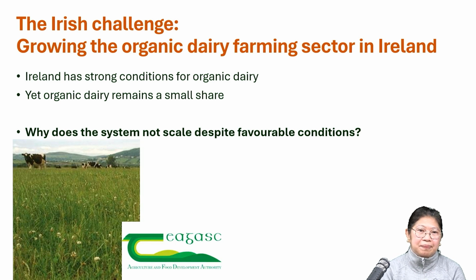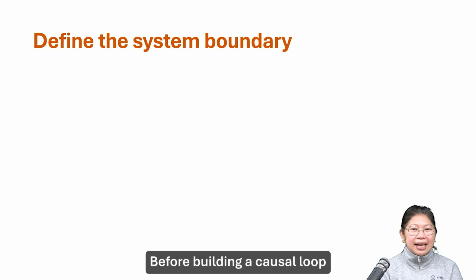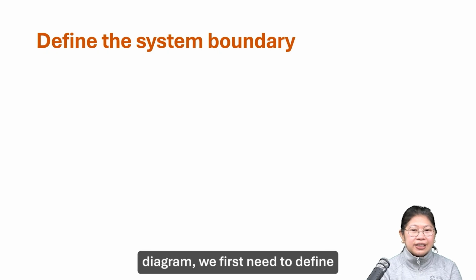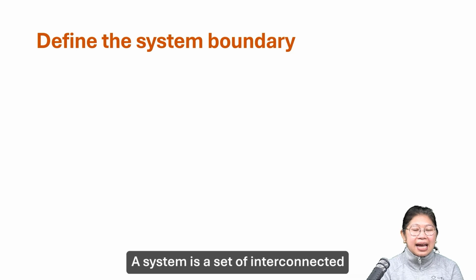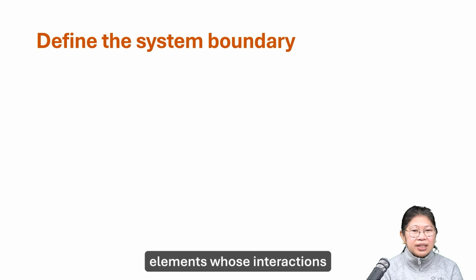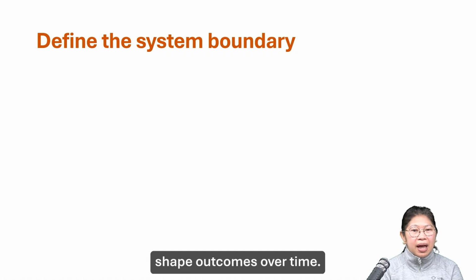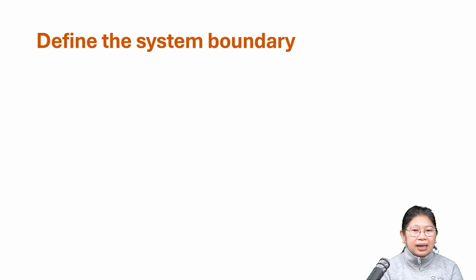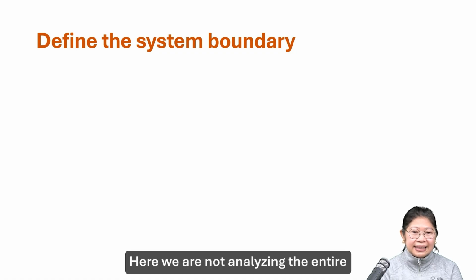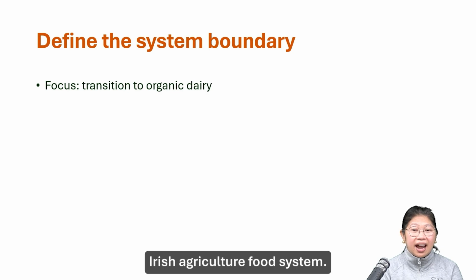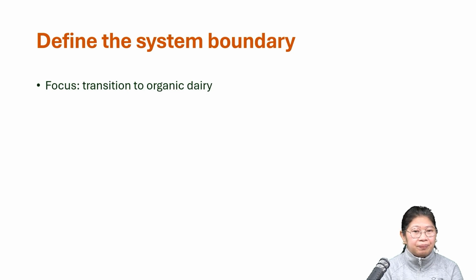Before building a causal loop diagram, we first need to define the system we are analyzing. A system is a set of interconnected elements whose interactions shape outcomes over time. Here, we are not analyzing the entire Irish agriculture food system.